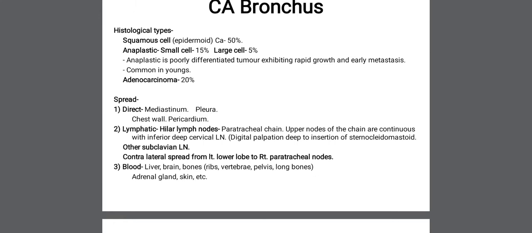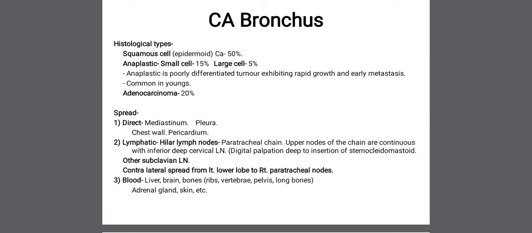Through these upper nodes, the spread continues to the deep cervical lymph nodes, which can be detected by digital palpation, deep to the insertion of the sternomastoid muscle. Some supraclavicular lymph nodes may be involved, and there may be contralateral spread from the left lower lobe to the right paratracheal nodes.